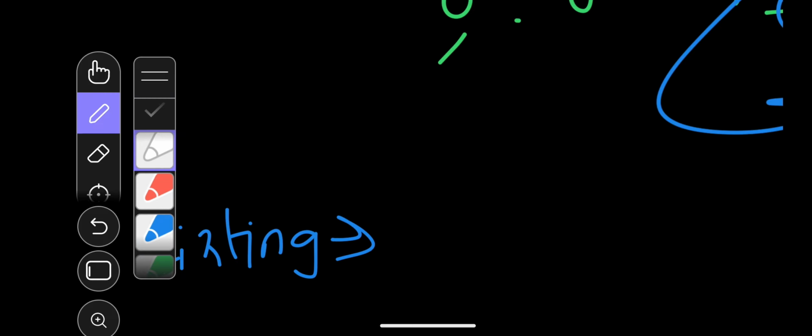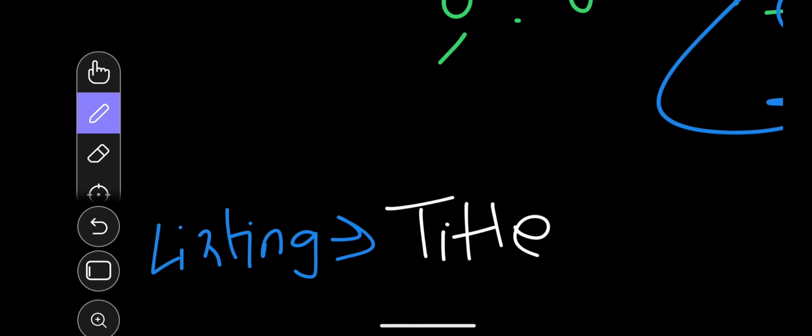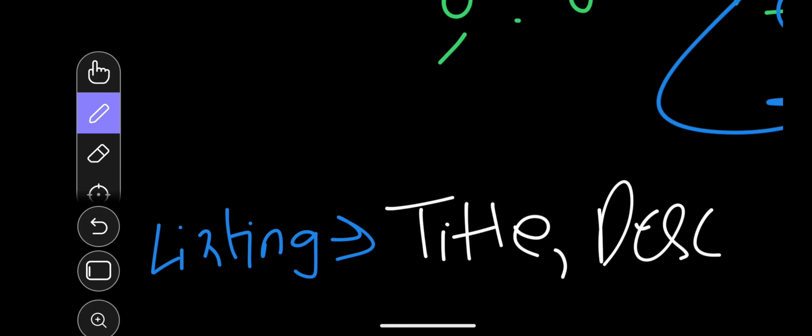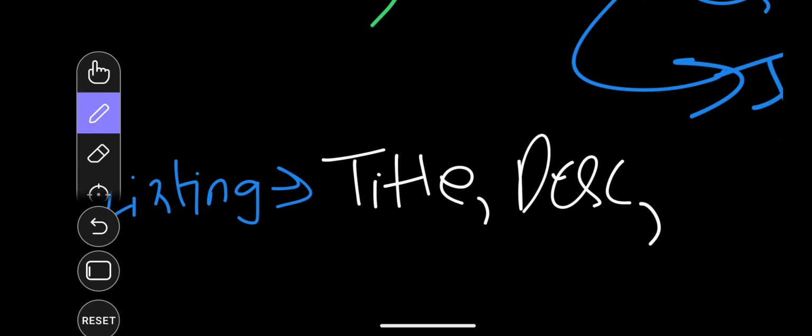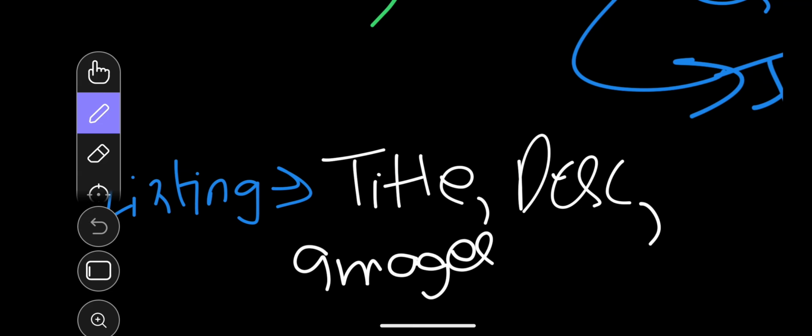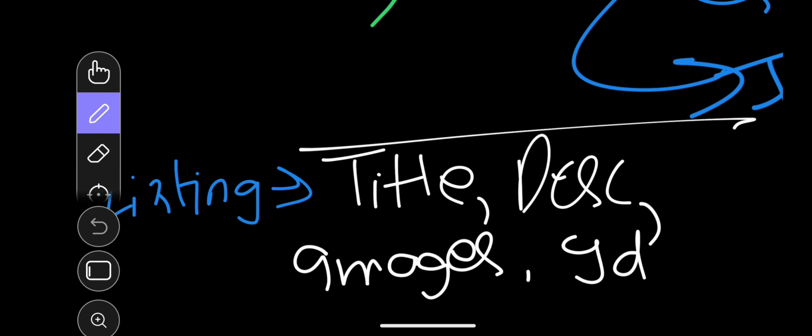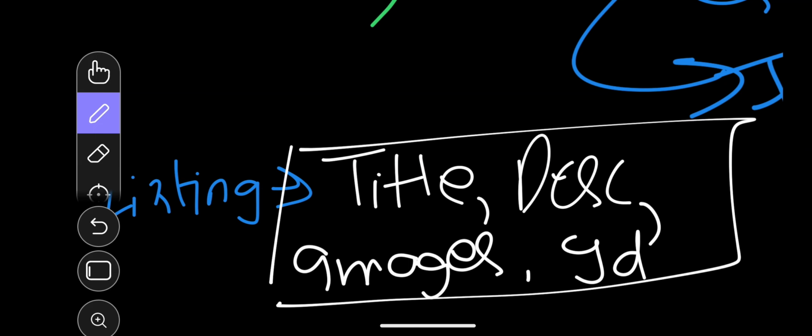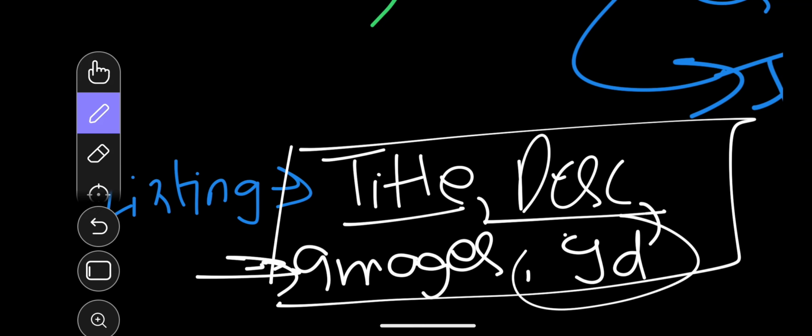The first thing is title, then description, then images, and then the ID. These 4 things are more than enough: the title, description, the link to these images, and the ID.